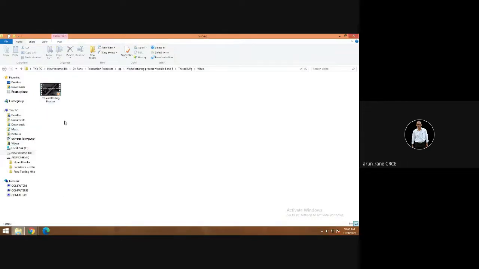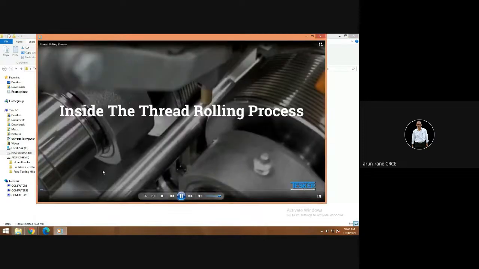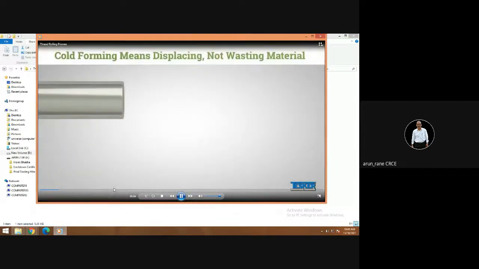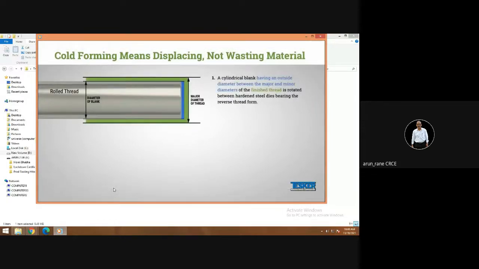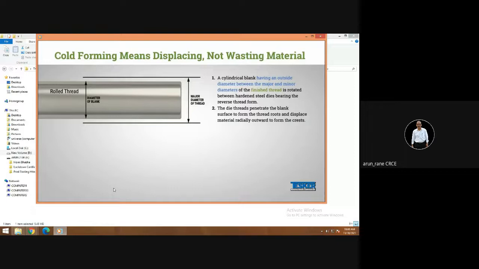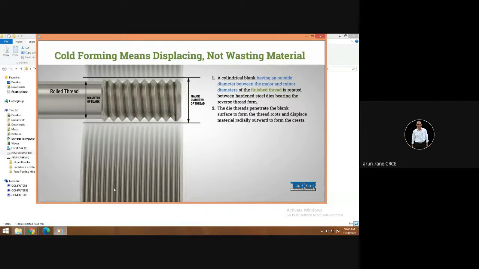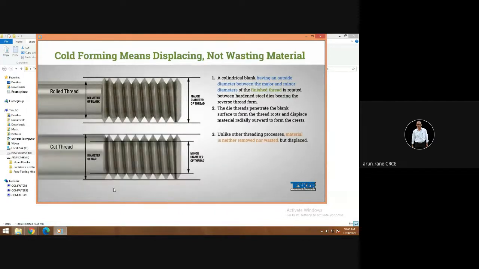I'll show one video of the thread rolling process, how the threads are rolled. This process is used for mass production. That is, if the quantity is very high, then we go for thread rolling.